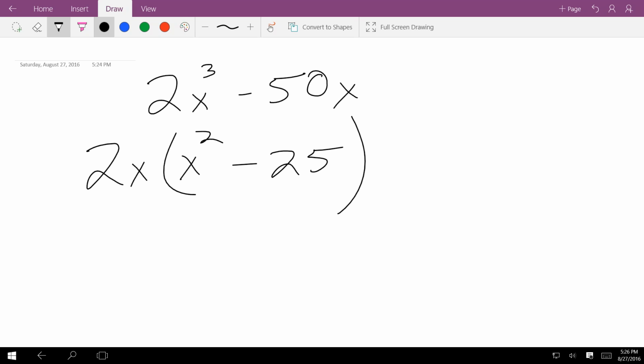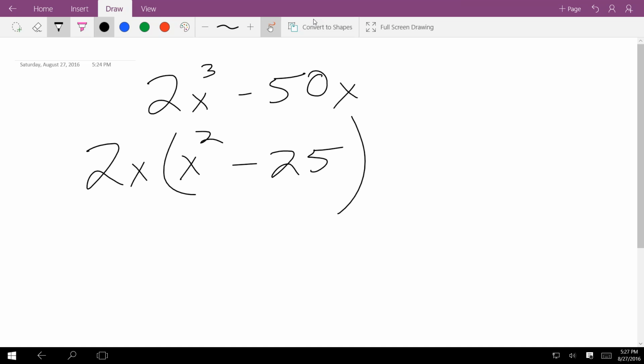Worst case scenario with a quadratic is you have to use the quadratic formula. But there's no cubic formula. If I stick a number on the end of that, like plus 17, there is no cubic formula that I can plug in to come up with the factors. It's a hugely difficult problem.